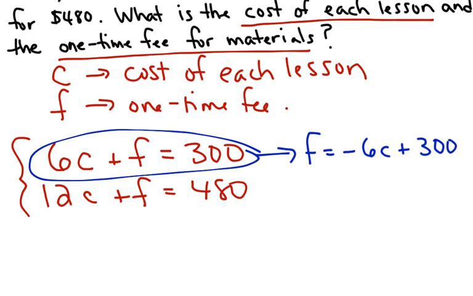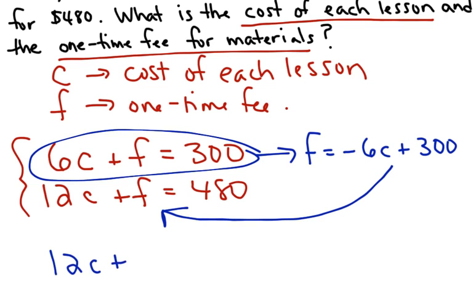I could have also solved the second equation for f. It made no difference. I'd end up with the same answer at the end. I'm going to plug this equation into the other equation. So 12c plus negative 6c plus 300 is going to equal 480.